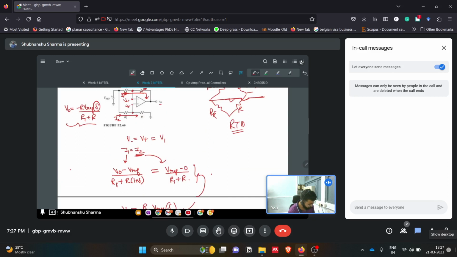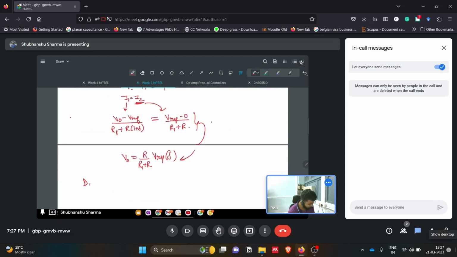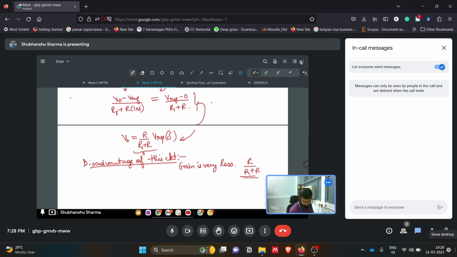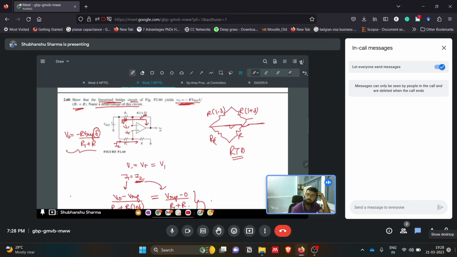But the question is also asking what the disadvantage is. The disadvantage of the circuit is that we have less gain here, as it is R upon R1 plus R. We have seen in sensors like the LM35, in temperature controllers, we have used signal conditioning circuits either to attenuate or amplify.